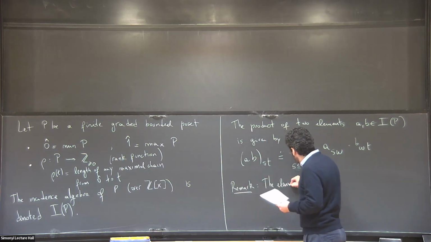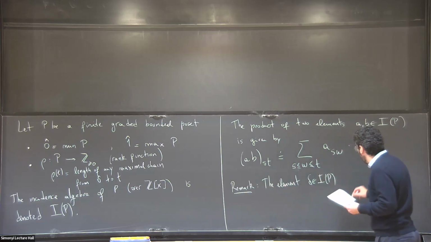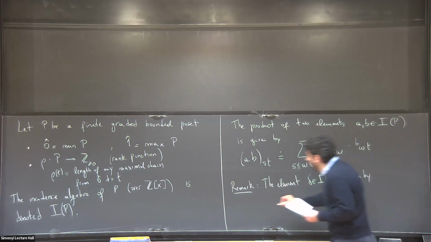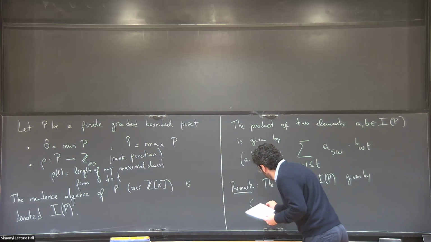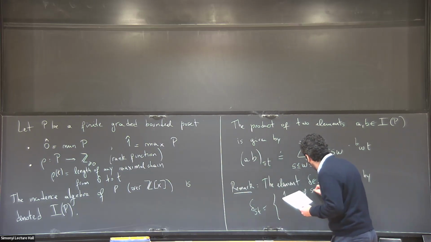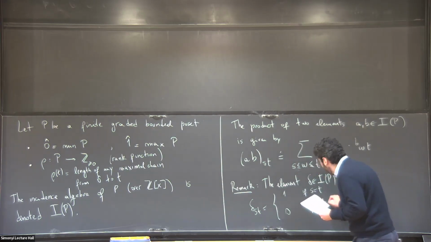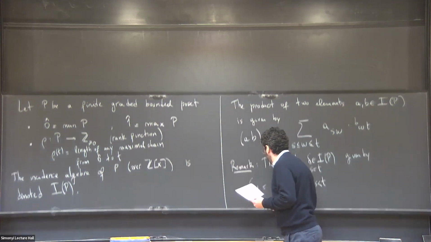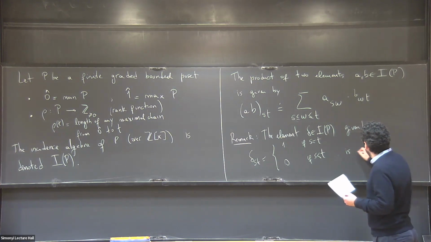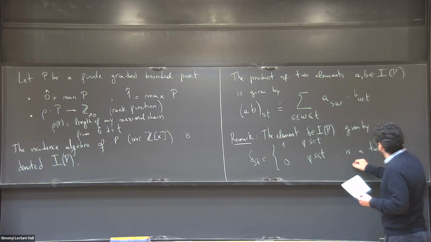The element delta in I of P given by delta [S,T] equals 1 if S equals T, and 0 if S is smaller than T, is a two-sided identity.